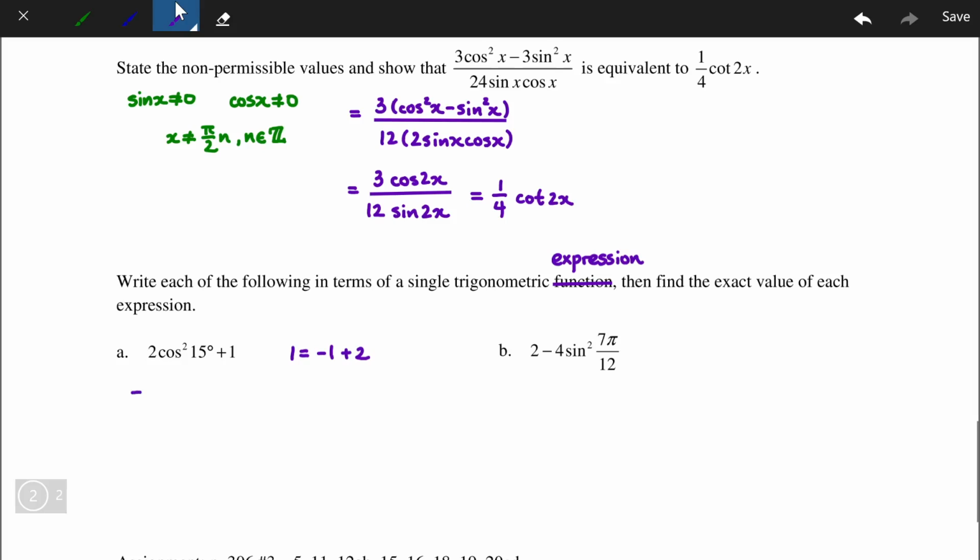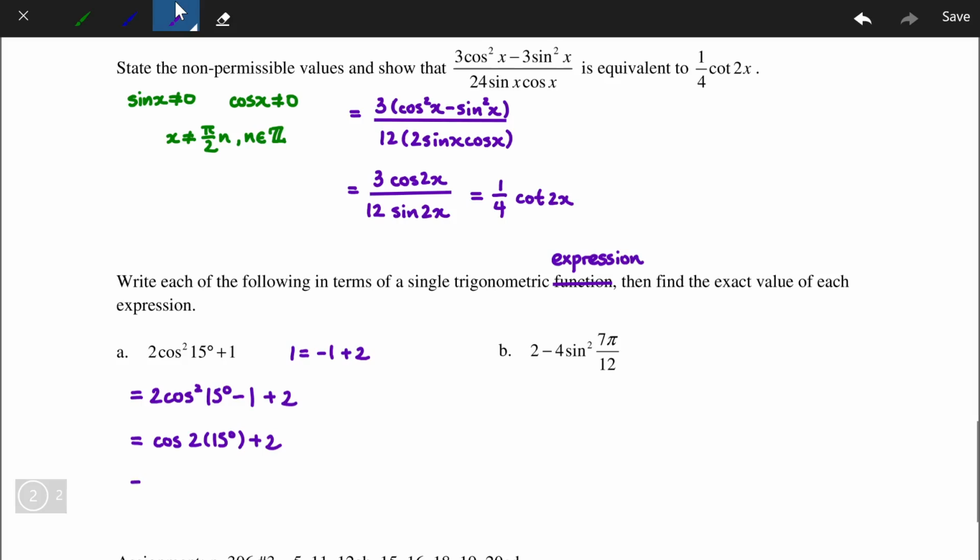So we can rewrite this expression as 2 cosine square 15 degrees minus 1 plus 2. And the reason why we did that is because 2 cosine square x minus 1 is a double angle identity version of cosine 2x. So we can rewrite this as cosine and then 2 times 15 degrees and then plus 2.